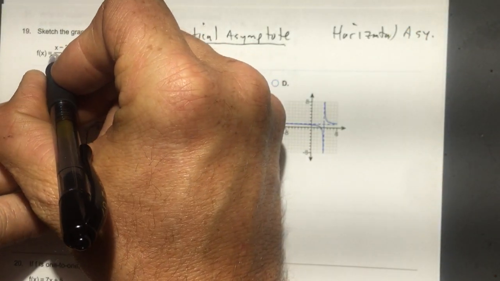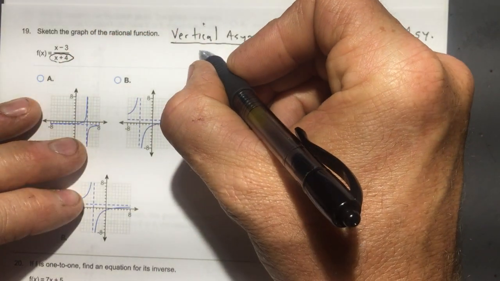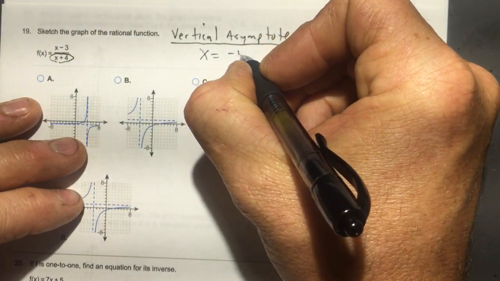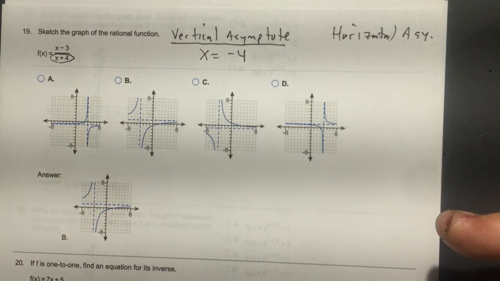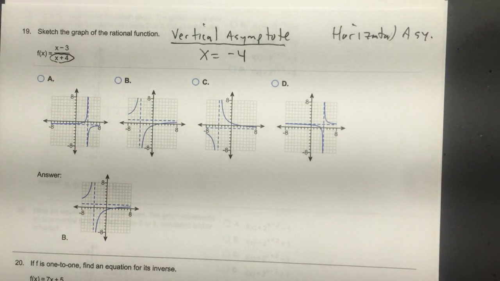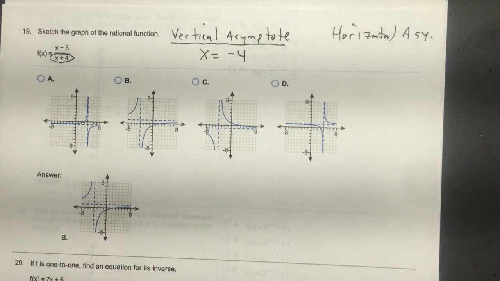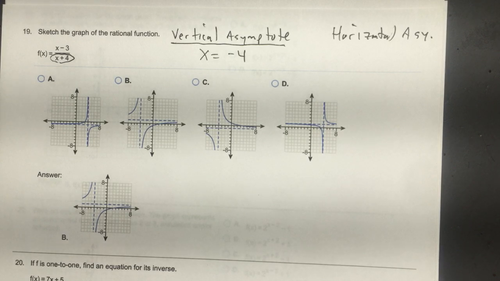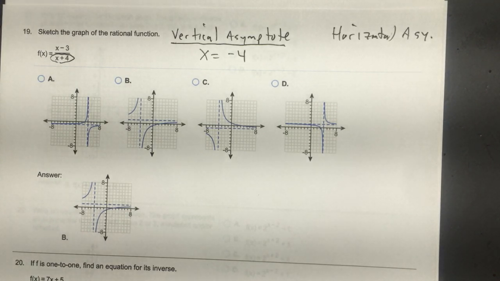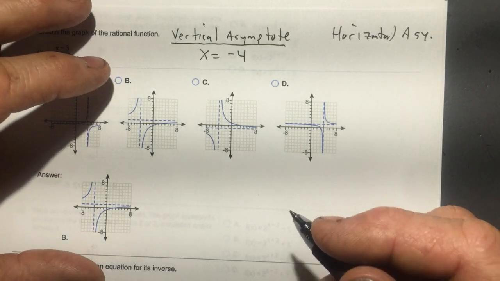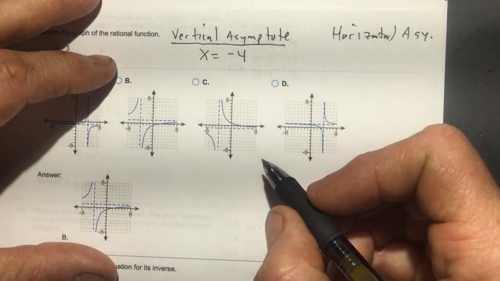In this one, what's going to make me have a 0 there? It'd be -4. So x equals -4. Now, the horizontal asymptote, and I don't know where my notes are from where I wrote this before. Well, I'll just write them again.